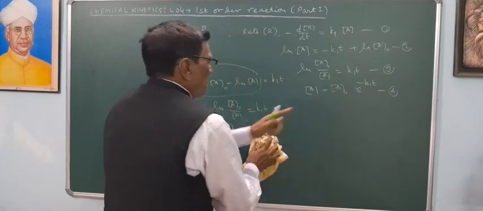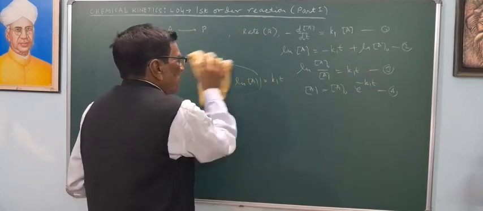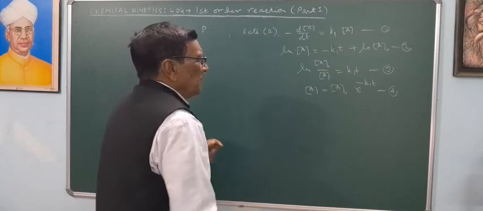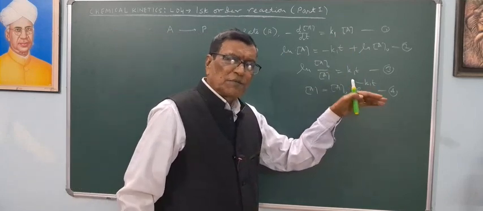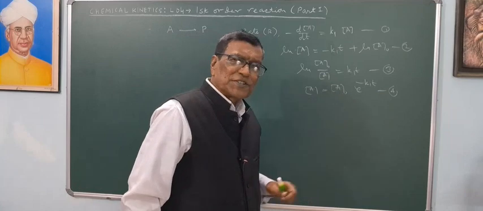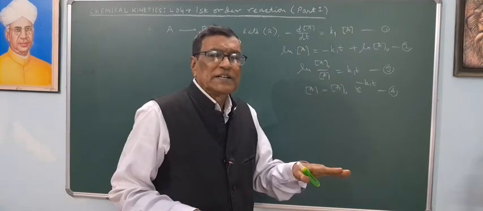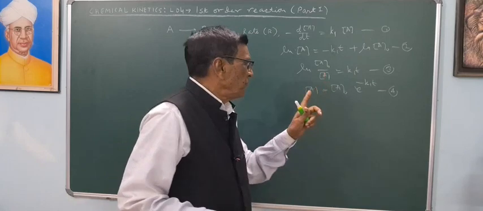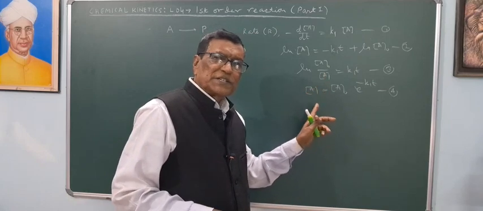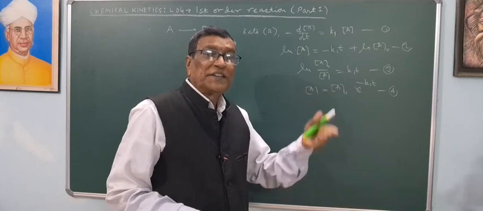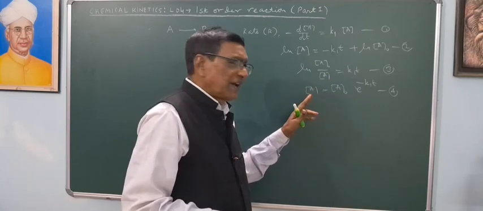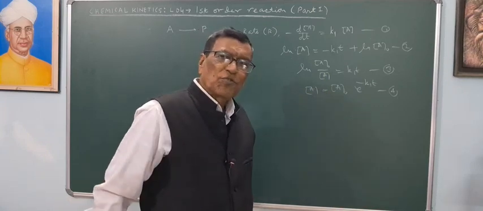So this is a very important form. If you know the rate constant of this reaction and the initial concentration, then at any time after the start of this reaction, you can find out the concentration of this reactant remaining in the reaction vessel. You could calculate from this equation 4.